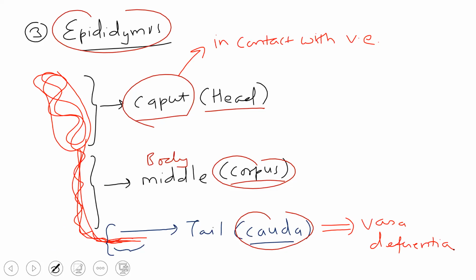Okay, coda will go into vas deferens. Got it? This is what is in contact with efferentia, and this is what is in contact with the vas deferens. So now if you have any problem, then ask me.